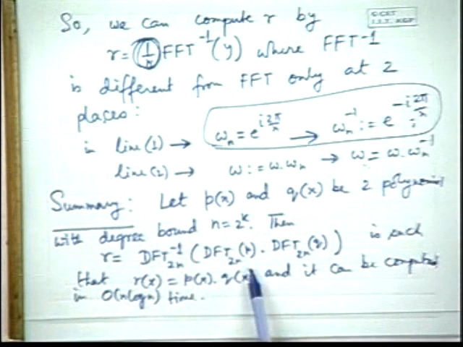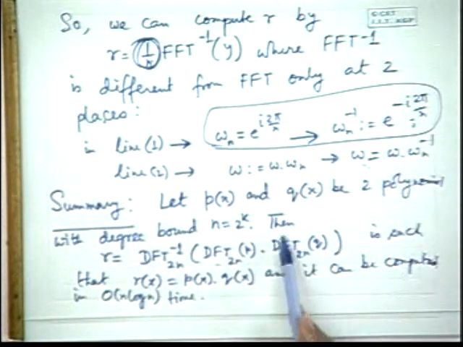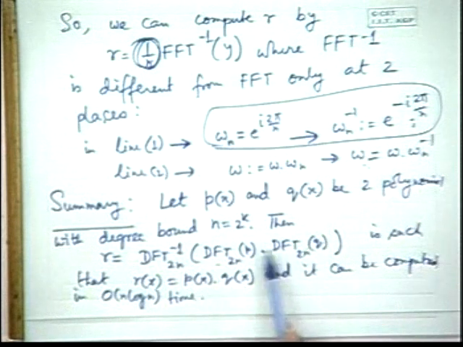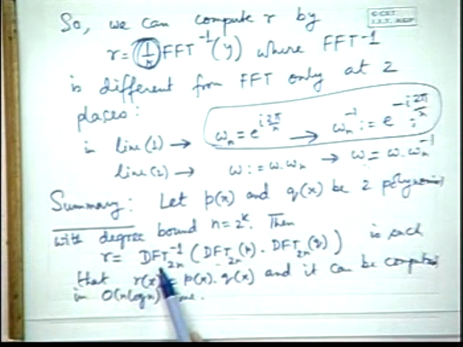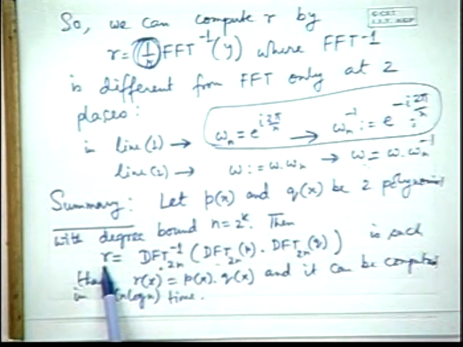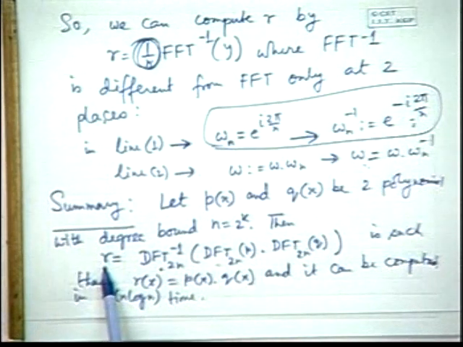So the entire procedure is, first you take DFT of P, DFT of Q, step 1 in n log n time, multiply the two in order n time, take the DFT inverse in n log n time, and you get the coefficients R for the resulting polynomial, where the resulting polynomial Rx is equal to Px times Qx.